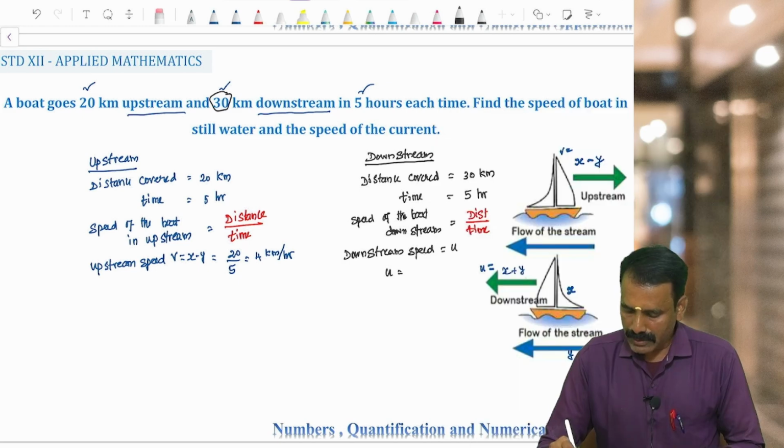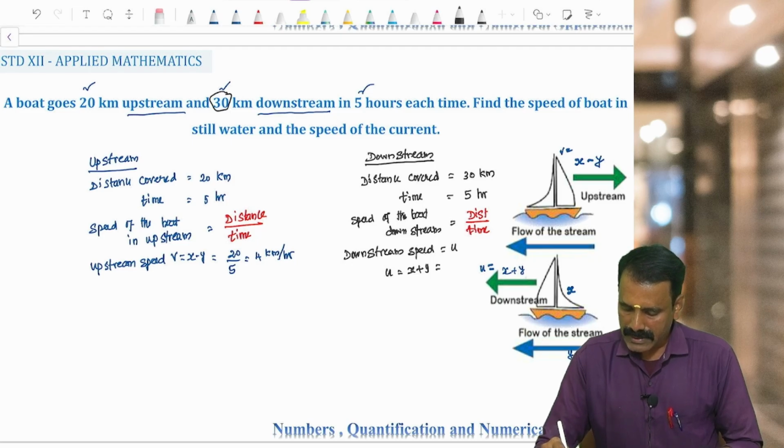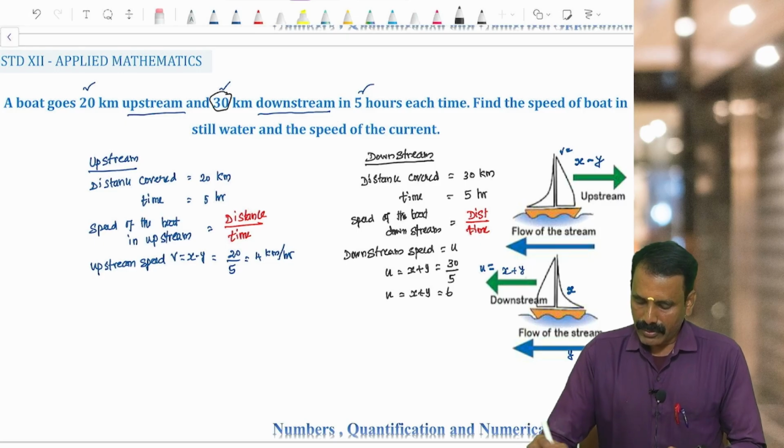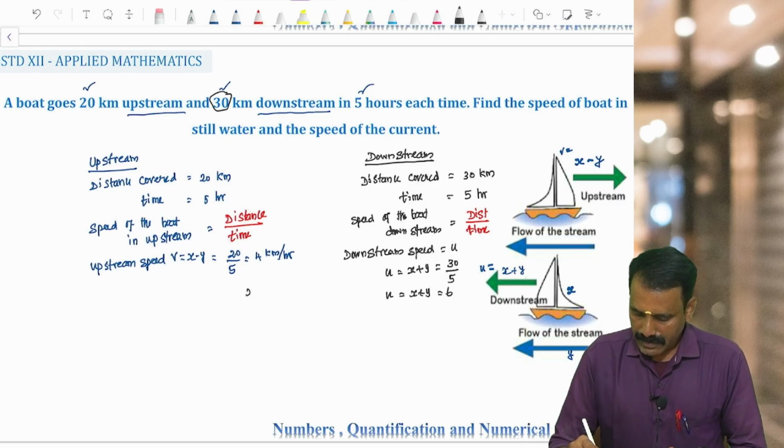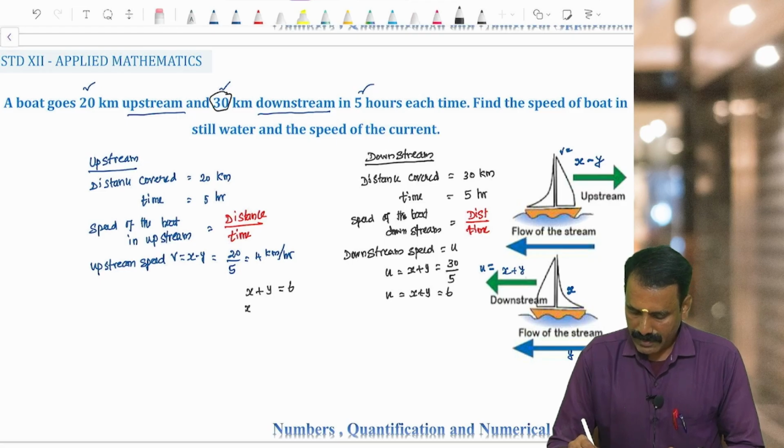So u is equal to x plus y, that is equal to distance traveled is 30 and time is going to be 5. So we cancel the term. So u is equal to x plus y, that is equal to 6. So we have two equations now. X plus y is equal to 6, x minus y is equal to 4. We cancel the term.